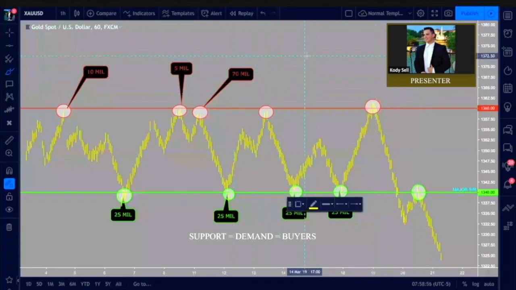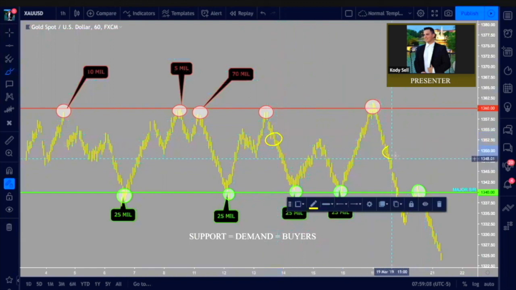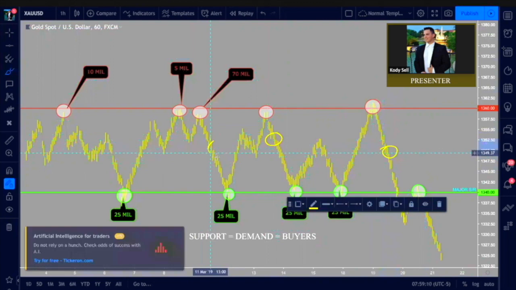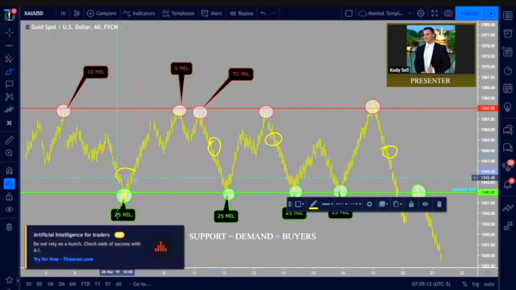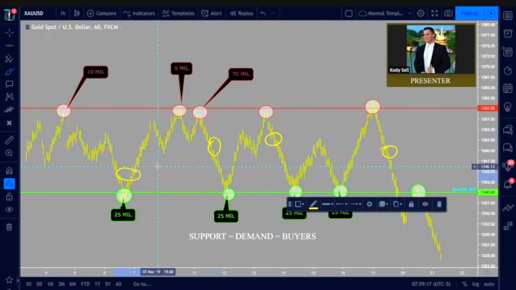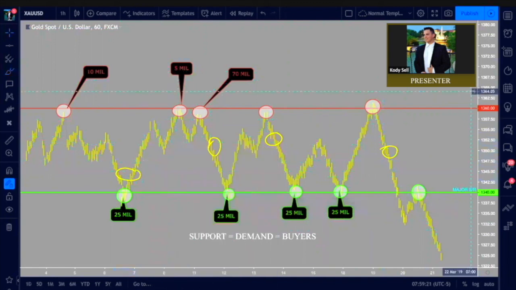So just remember, these guys up here who have these sell orders at 1360 have a lot of money on the line. They cannot afford to have their orders executed right here or right here. They need to wait for price to come back up to 1360 so that they can continue to get their orders filled at the correct price.